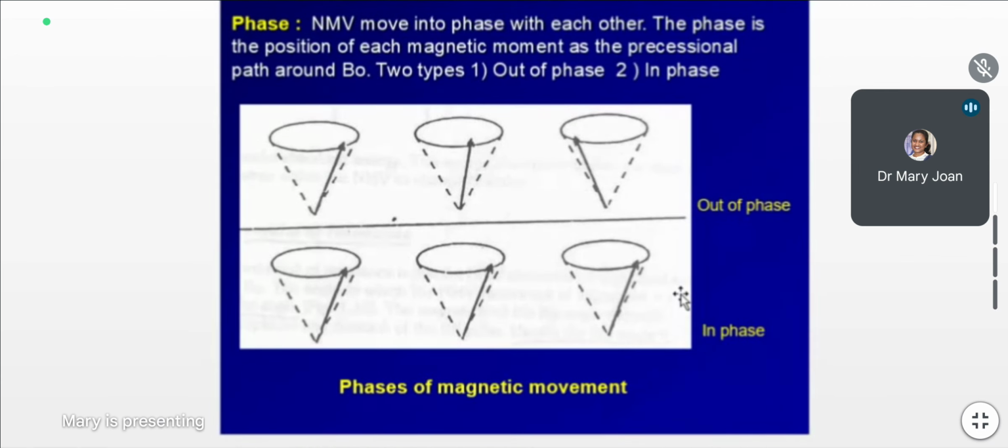Phase is the next quantity. The NMV moves into phase with each other. The phase is the position of each magnetic moment on its precessional path around B0. There are two types: out of phase and in phase.